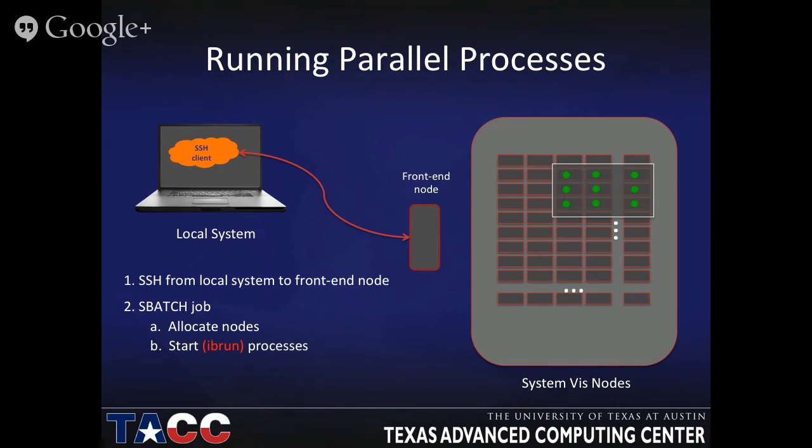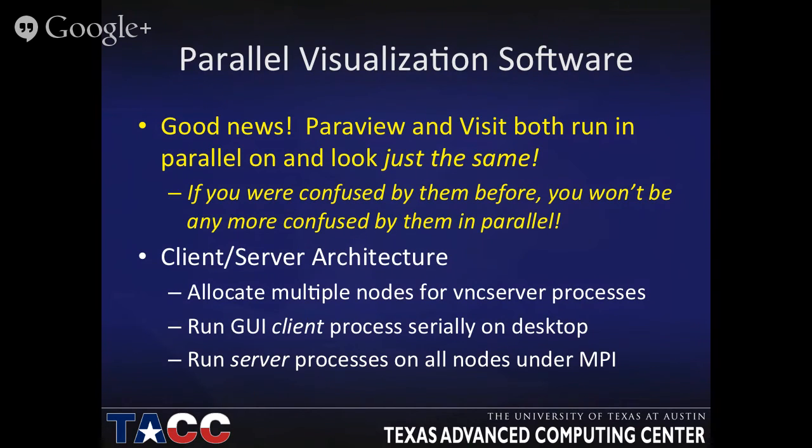So now the question is, what do visualization softwares look like on this thing? The good news is both ParaView and VisIt have been engineered to run in parallel, and they look exactly the same running in parallel as they do when they're running on your local desktop. So the beauty of that is you'll get no more confused by running it on Maverick and Stampede than you would if you're running it on your local desktop.